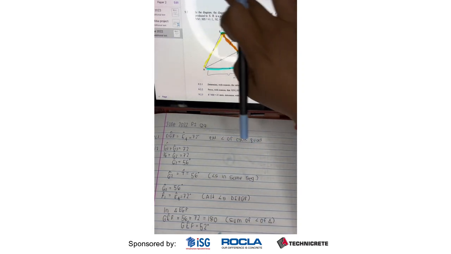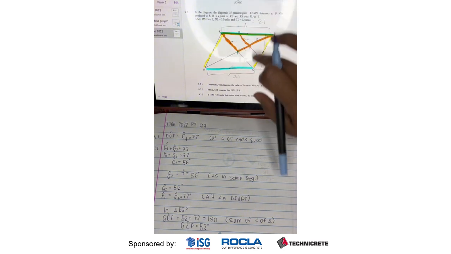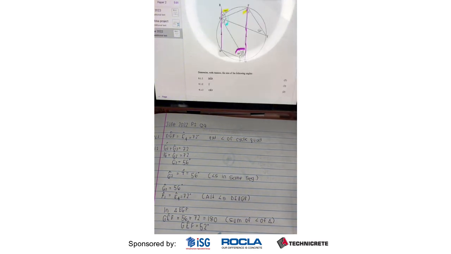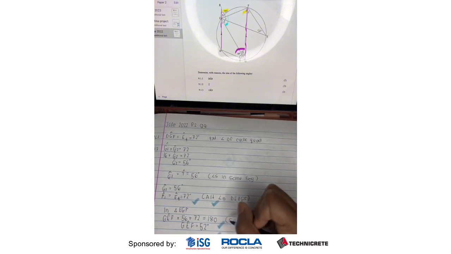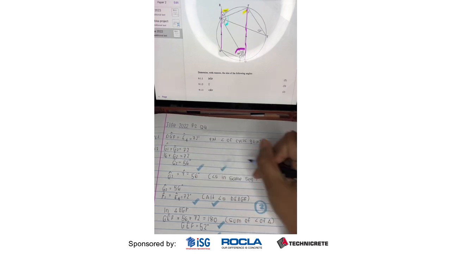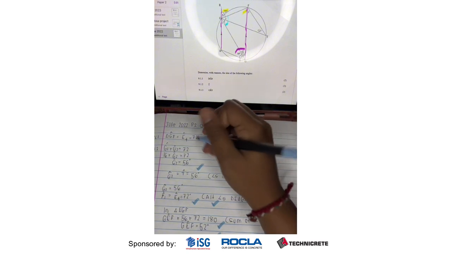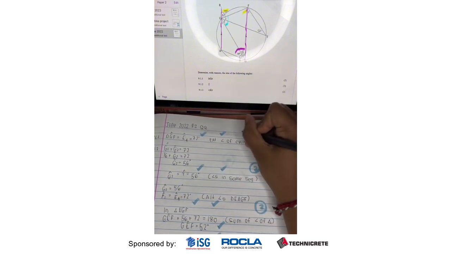Looking at 9.1.3, in the previous question, the last one was 2 marks. Just for calculating this, you could get a mark for any statement and reason, and then for your answer. But it was only 2 marks. 9.1.2, 2 marks, statement and reason, and 9.1.1, statement and reason, 2 marks. And in total, this question was out of 16.